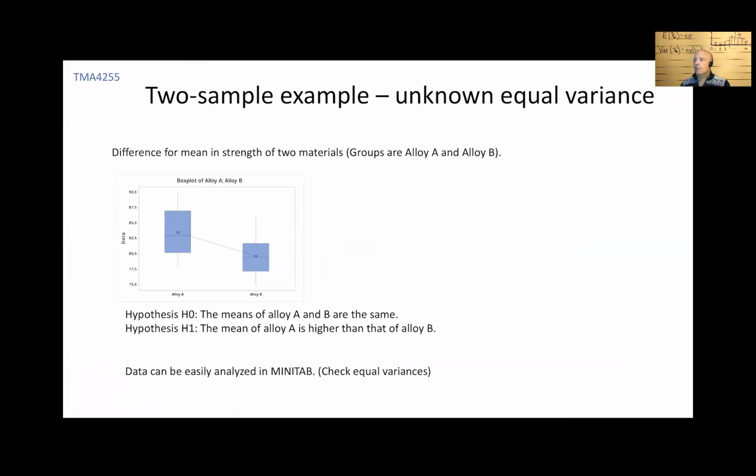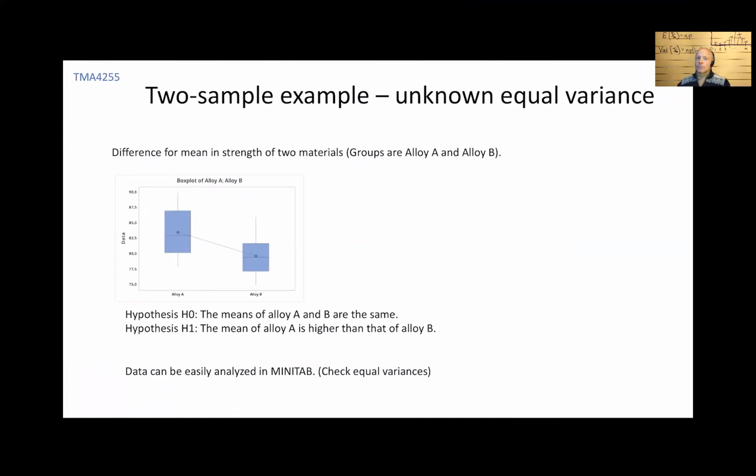So here's a data set with 2 different alloys, and your hypothesis 0 says that these have the same mean, but the alternative says that, okay, this alloy A is having higher strength than B. And we can again go through the calculations, and we can check with tables for the t-distribution with the right degrees of freedom, just like we did for the Gaussian distribution.